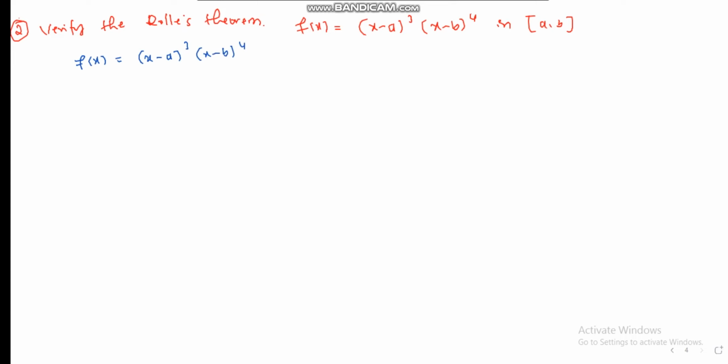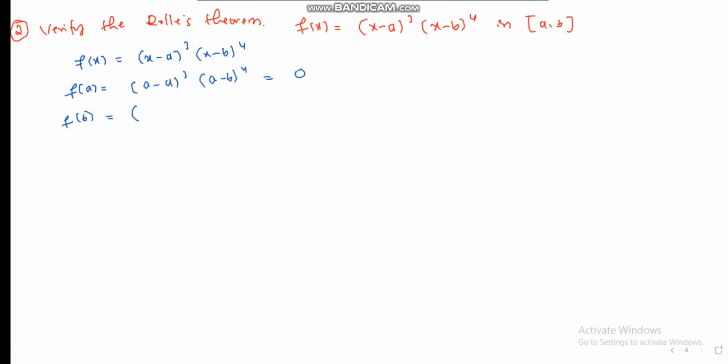First we have to find f(a). We get (a minus a) cube into (a minus b) raised to 4, so we directly get 0.